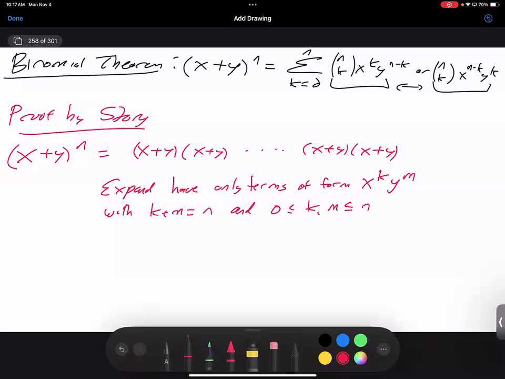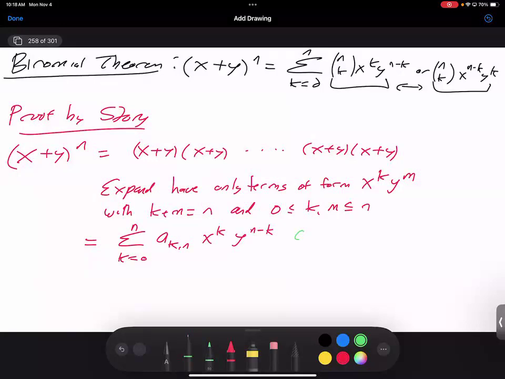So we know that it equals something of the form sum k goes from 0 to n, a sub k n, x to the k, y to the n minus k. We know it has to have a form like that. And if you think about it, what's going on?